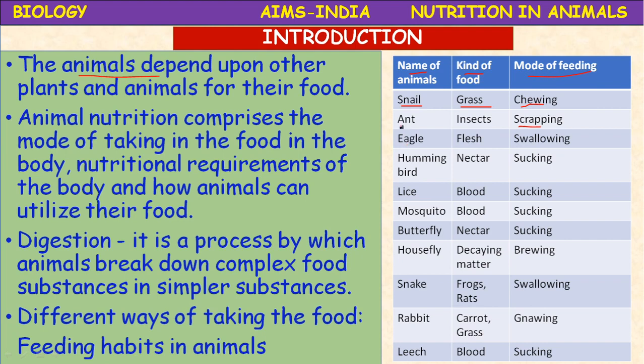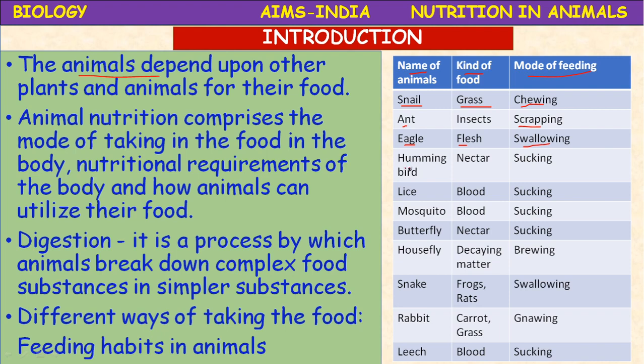Biting and chewing type of mouth parts are present in these insects. Eagle. An eagle is a bird, a carnivore. It eats flesh. With the help of its curved and strong beak, it swallows the meat or flesh. The mode of feeding is swallowing.